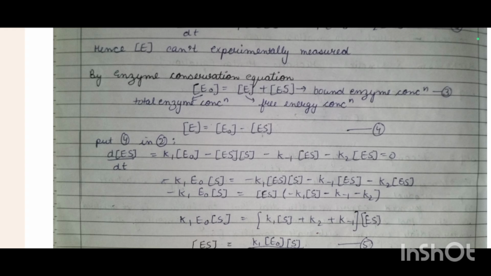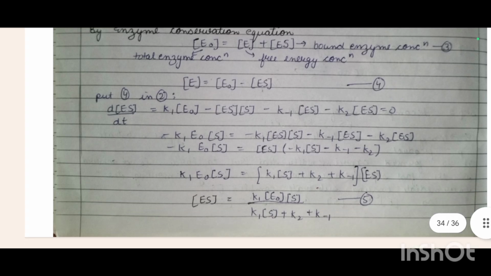So E is equal to E naught minus ES, and putting this in the above equation, d[ES]/dt is equal to k1(E naught minus ES)[S] minus k minus 1[ES] minus k2[ES] is equal to 0. In this way we get [ES] is equal to k1[E naught][S] divided by (k1[S] plus k2 plus k minus 1).